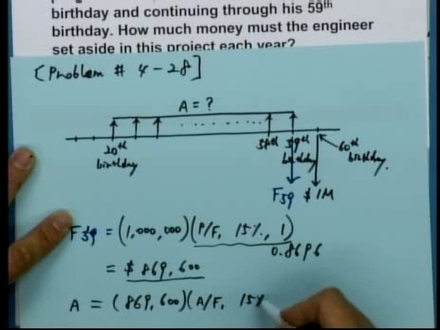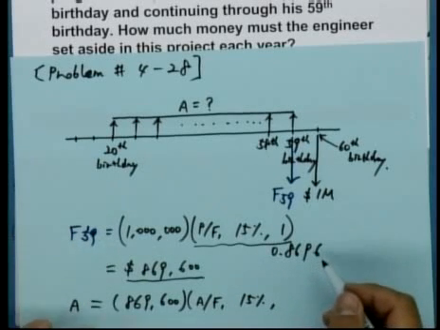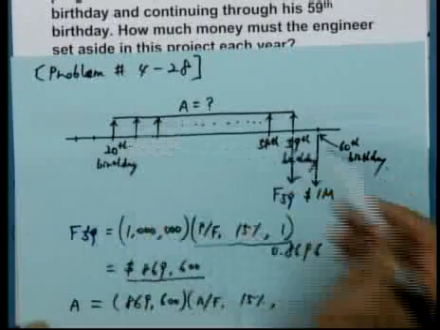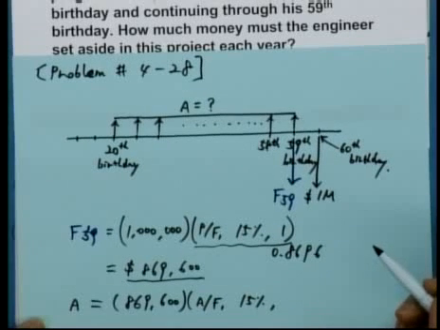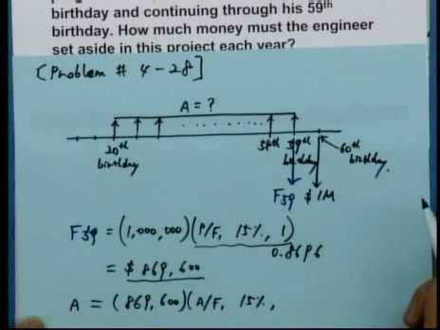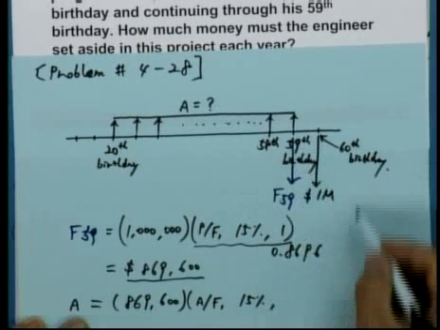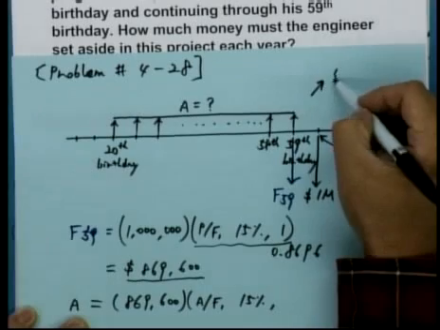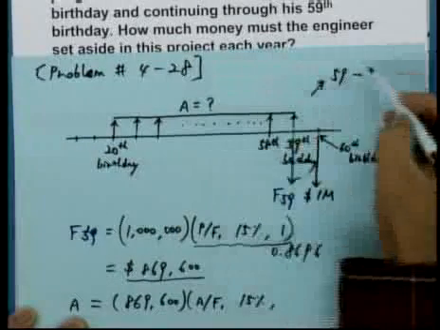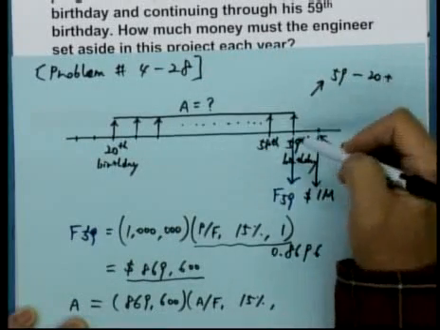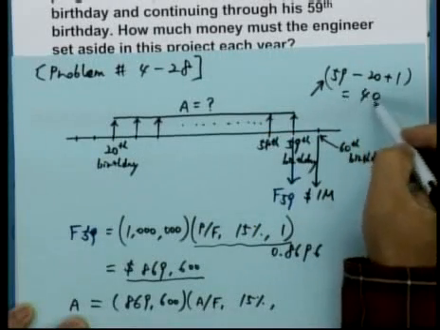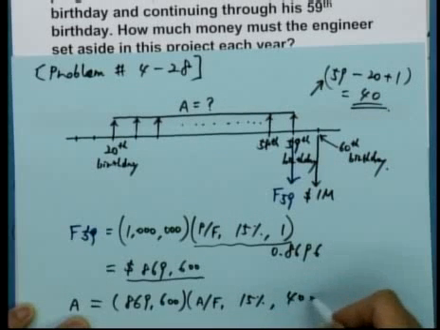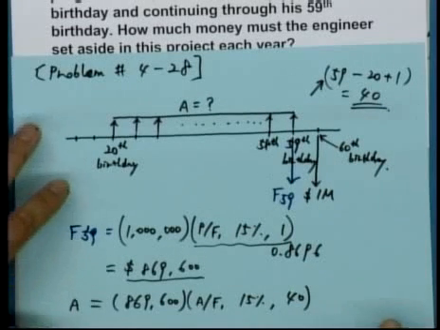And same interest rate of 15% over how many periods? The number of yearly investments would be 59 minus 20, and plus 1, which is 40, right? So we're going to use n equals 40.